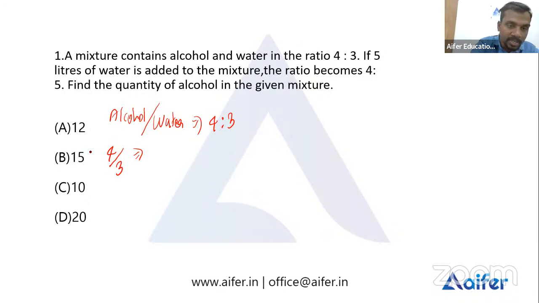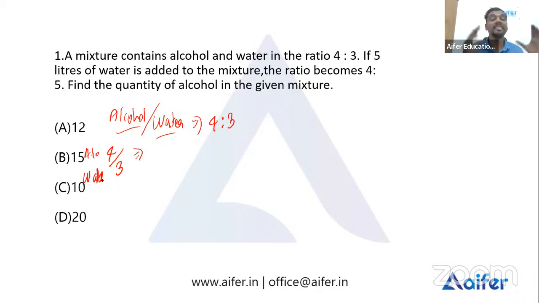We know the alcohol to water ratio is 4:3, so the alcohol part is 4 and the water part is 3. When 5 liters of water is added to the mixture, the ratio becomes 4:5.